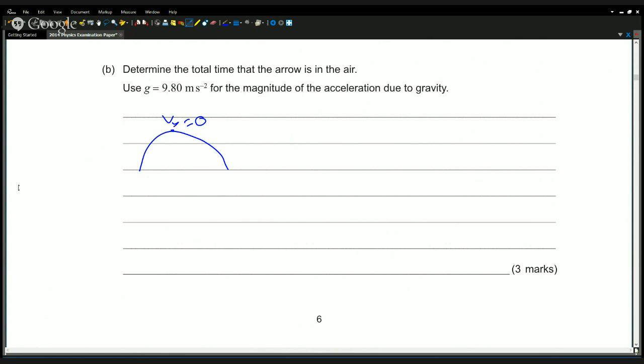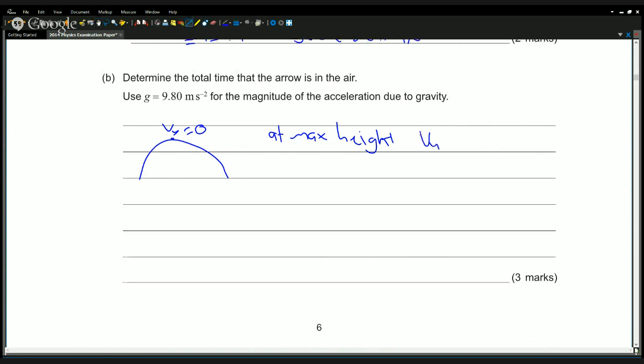All right, so at maximum height. Now this only works because it's unilevel, so it spends as much time going up as it does coming down. Okay, max height, Vy equals 0 and t equals half of time of flight.